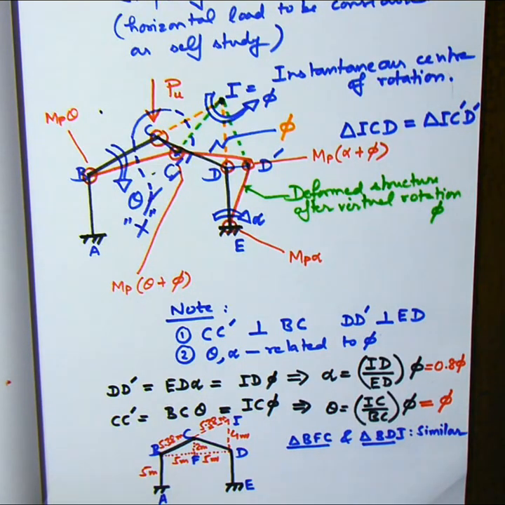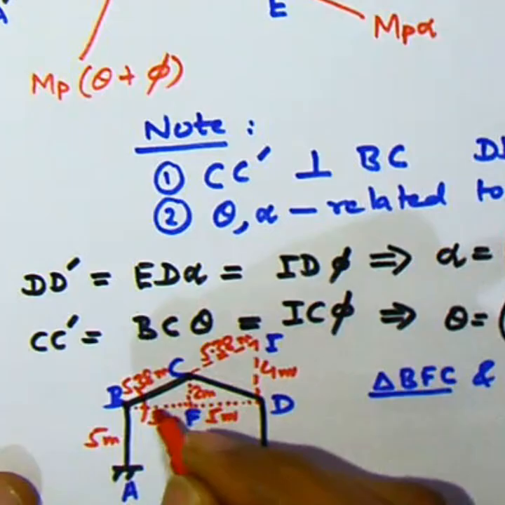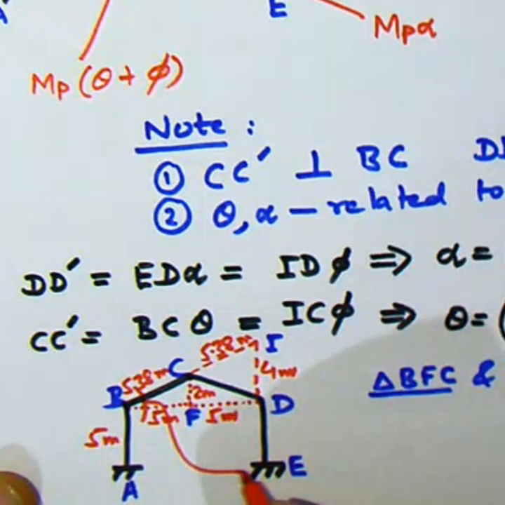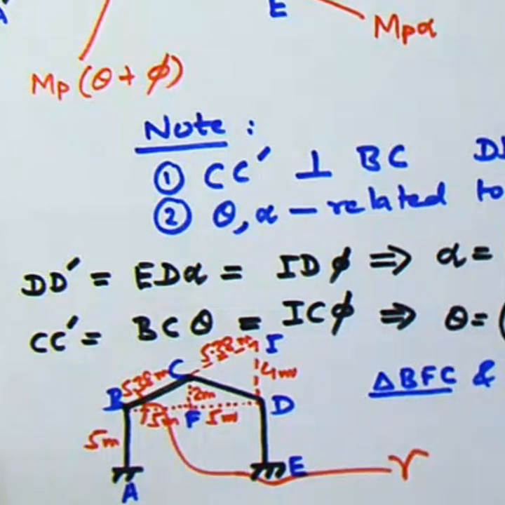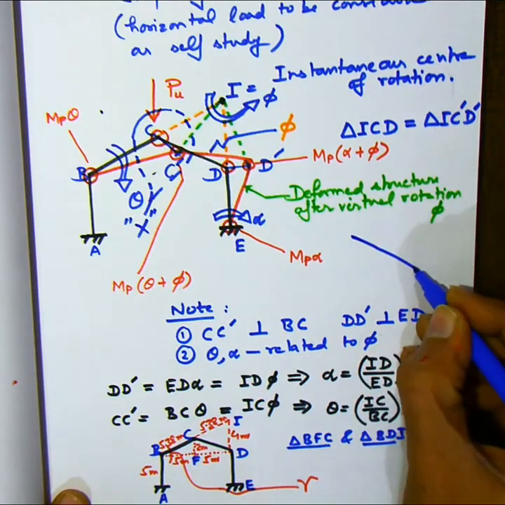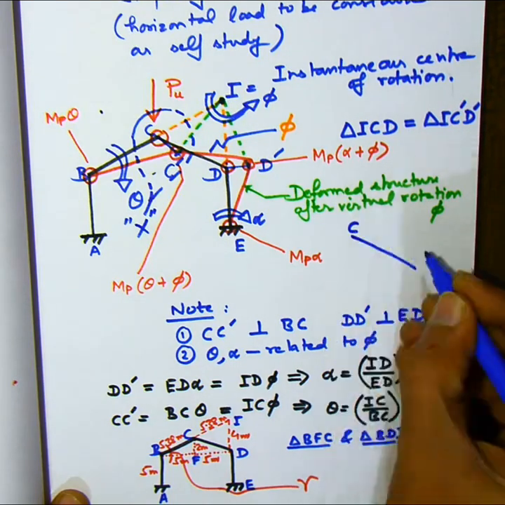So let's zoom into this portion, because we need to find out the vertical displacement of C. We are zooming this portion because that will tell us the external virtual work done by P. So let's draw this. I'm just drawing it in a corner. Now we are drawing this C dash.